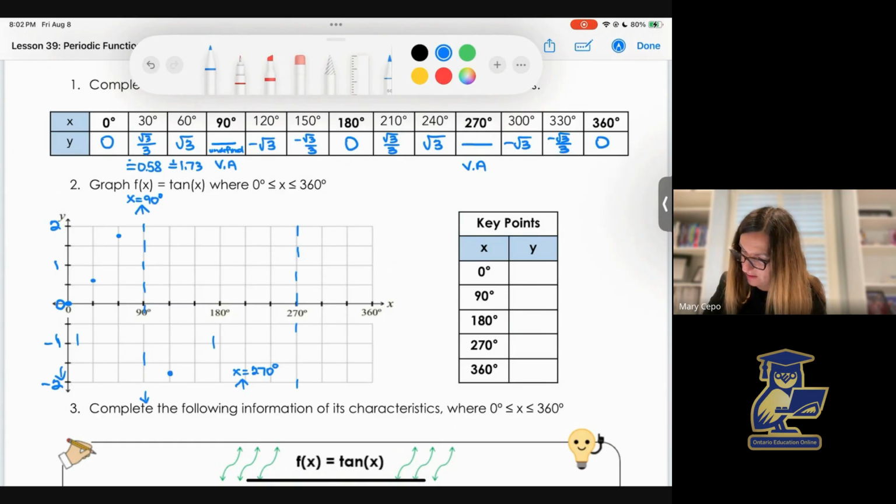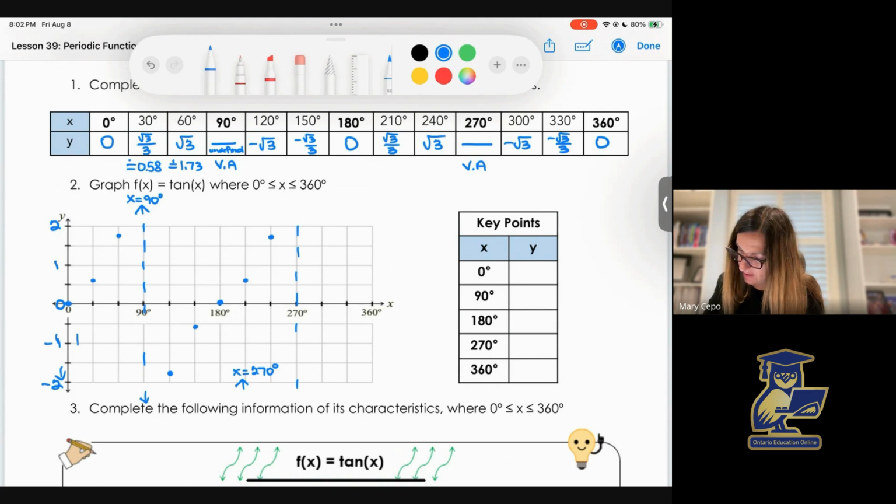And then at negative root 3 over 3, which is negative 0.58, it should be just under negative 0.5. At 180, we're at 0, then 0.58, 1.73, and then undefined again.